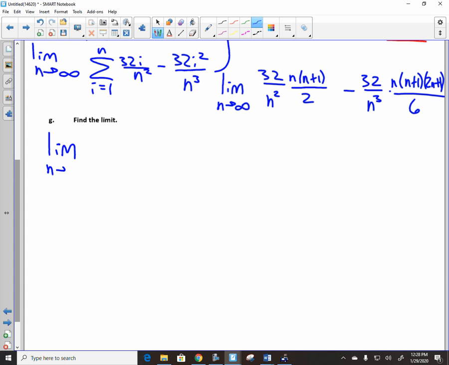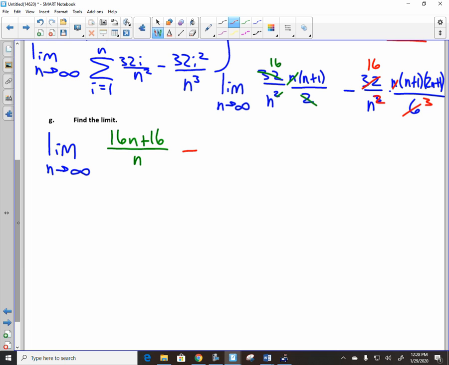Limit as n goes to infinity. So let's work out some algebra here. What could I cancel off? What do you want to simplify? So the n can go away, and then the 32 over 2 could be 16. So I'm going to have n in the denominator, 16 in the top. So would you agree I have 16n plus 16 over n? Minus, the n is going to make that an n squared, and then 32 over 6 I can make 16 over 3.